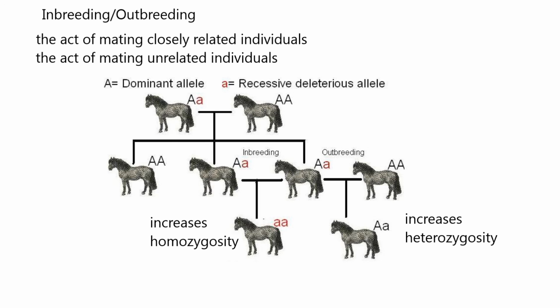A lot of times our purebred dogs have some degree of inbreeding because the populations are relatively small, and we tend to get some genetic disorders that we wouldn't get if we had a bigger population and did more outbreeding.